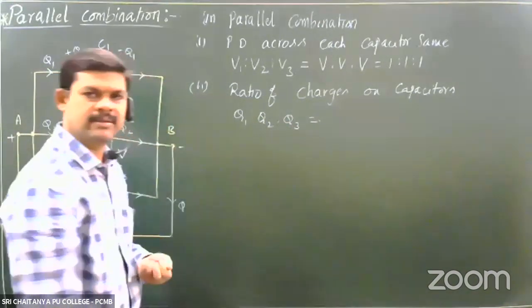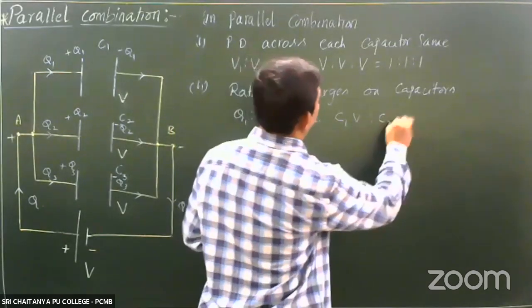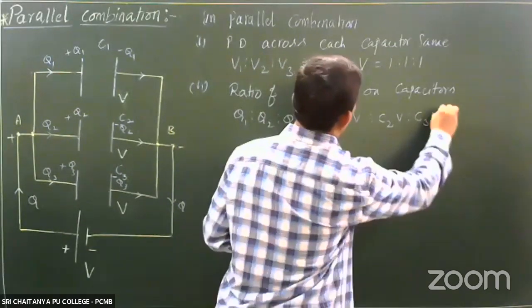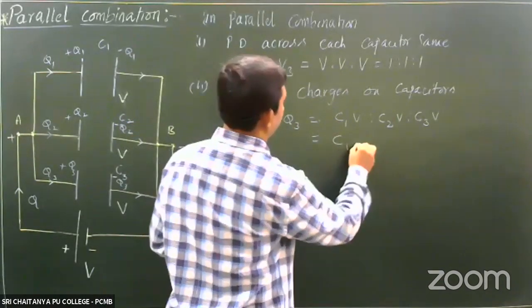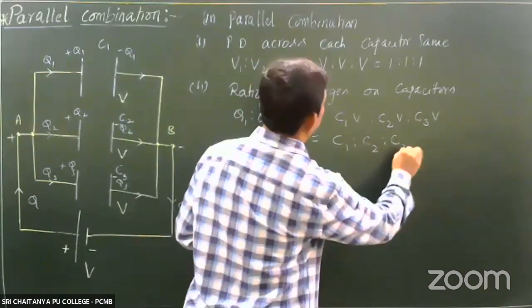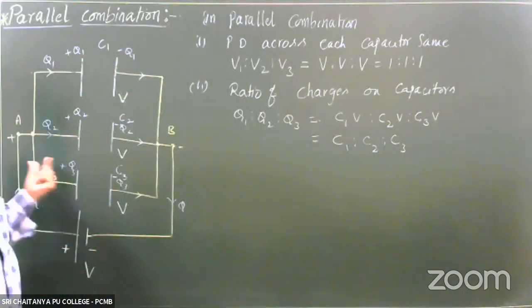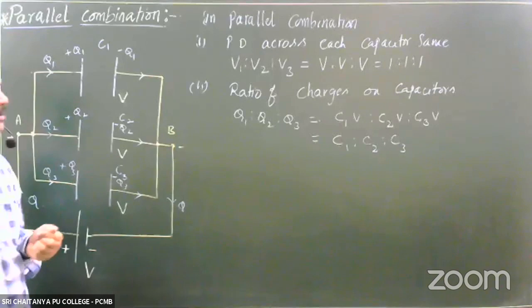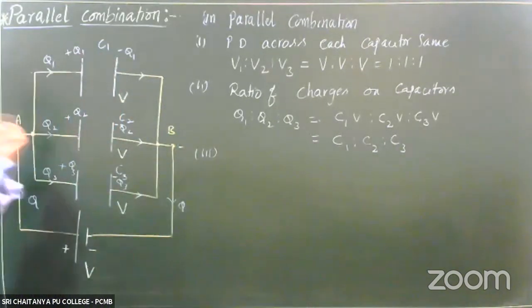What is this? C1V is to C2V is to C3V, right? Which is equal to C1 is to C2 is to C3, right? Charge divides in that ratio.